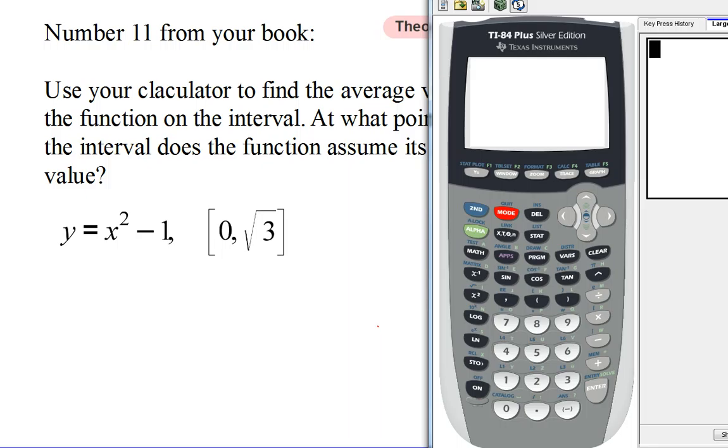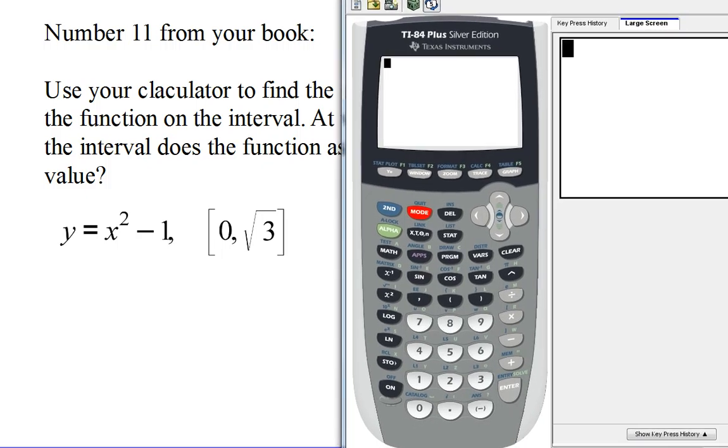So my average value is going to be 1 divided by square root of 3 minus 0, so in this case, just square root of 3, times the integral, so math 9, between 0 and the square root of 3.